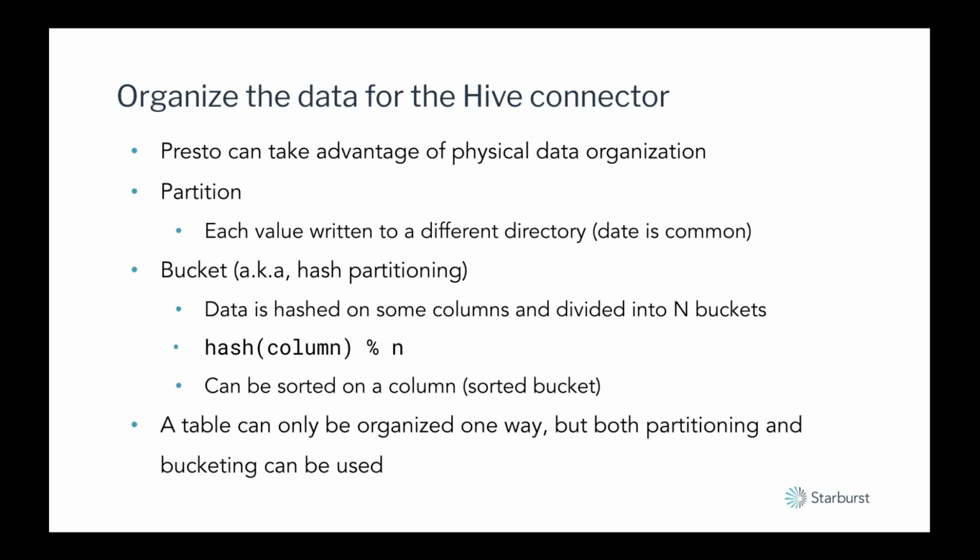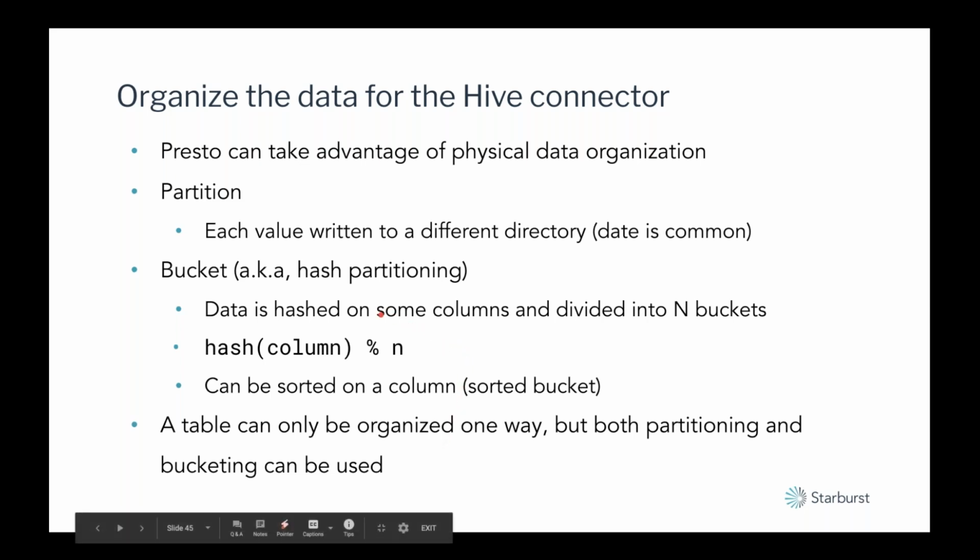So if the data is partitioned and Presto knows about it, then we can do something about it. If it's sorted, we might be able to take advantage of that, depending on the guarantees the connector can provide to us. And we'll have different query plans that are much more efficient because, if the data is already partitioned, then we don't need to repartition it, for example.